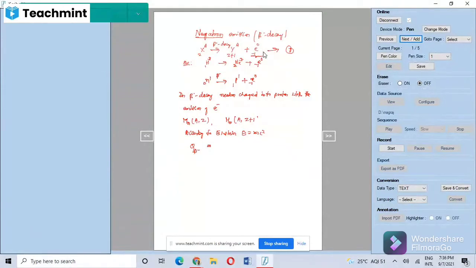Here we can write plus Q. So therefore, this can be written as mass of Mn of A comma Z minus Mn of A comma Z plus 1 minus mass of electron into C square.